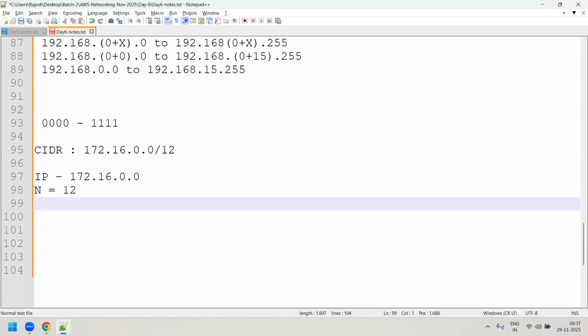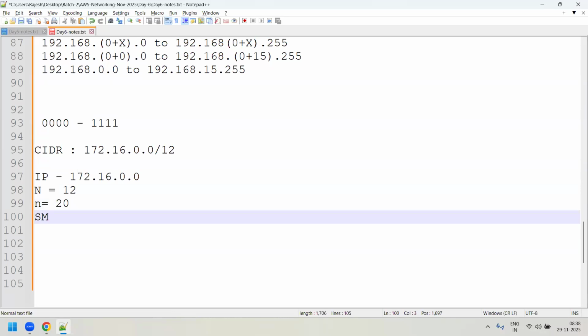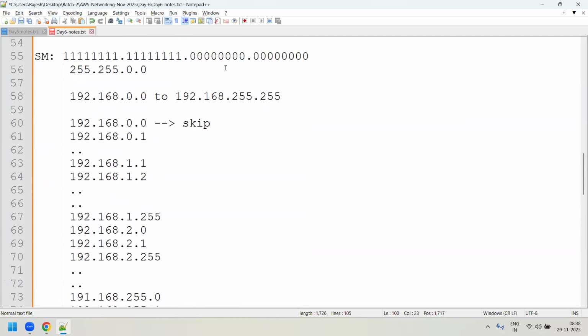What would be the small n? 20. Yeah, 20 is small n, right? So here your subnet mask will be 1, 1, 1, 1, 1, 1, 1, right? How much is 8 ones? 8, 9, 10, 11, 12. 12 is nothing but your capital N. Remaining all others will be 0: 1, 2, 3, 4. Dot 0 dot 0 dot 0. This one.